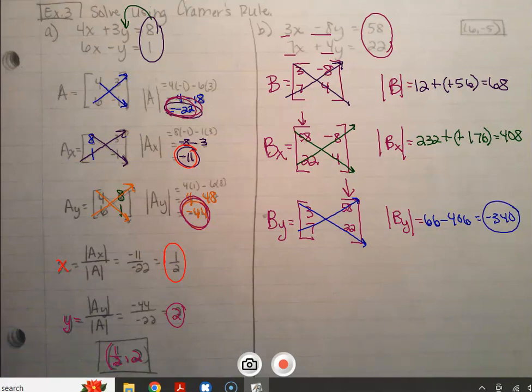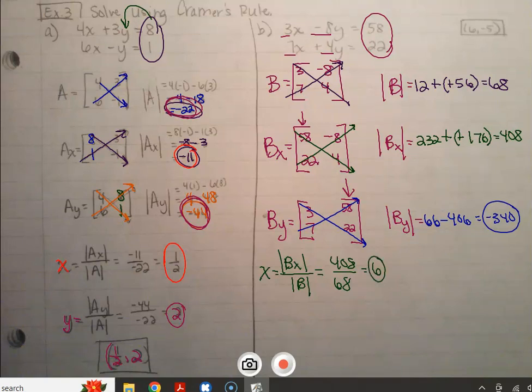All right. So now, for our final stages in this, to find x, we're going to do the determinant of B sub x divided by the determinant of B. So B sub x is 408 divided by the determinant of B, which is 68. So let's check that. 408 divided by 68 equals 6.